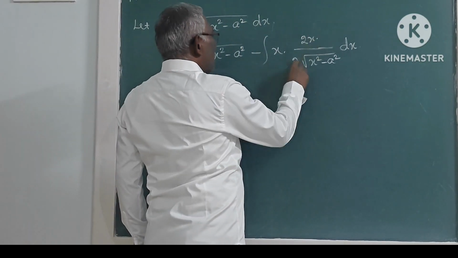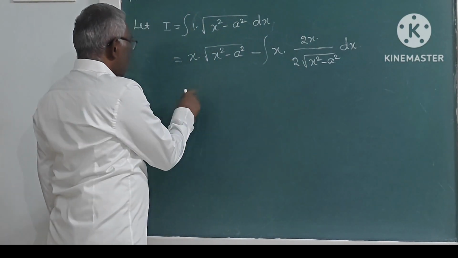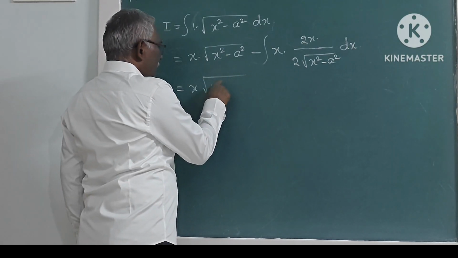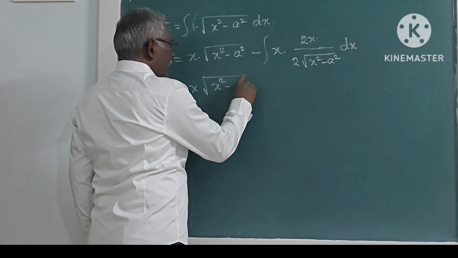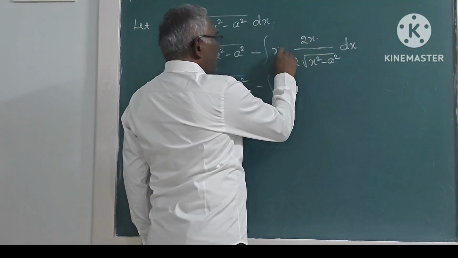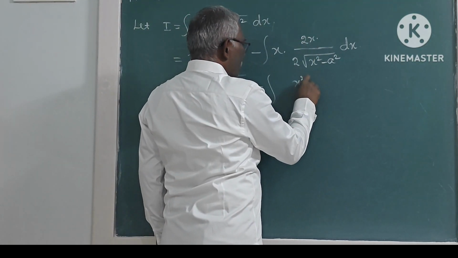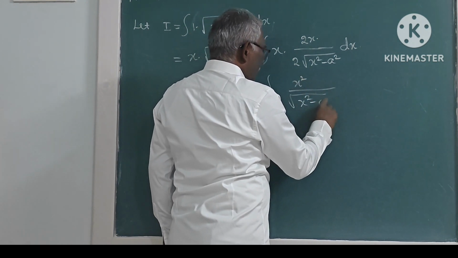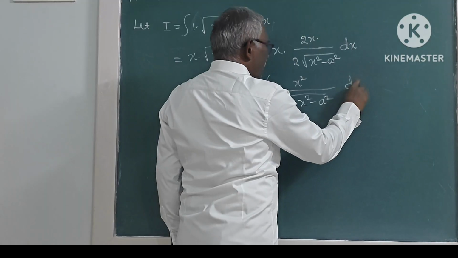Now this 2 and 2 get cancelled, so we can write this as x into square root of x square minus a square minus integral x square by square root of x square minus a square dx.